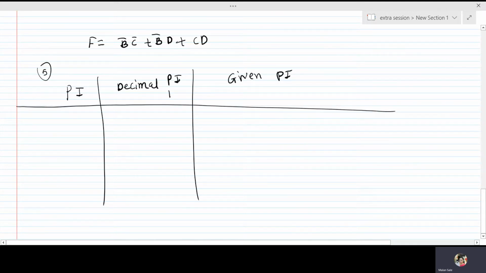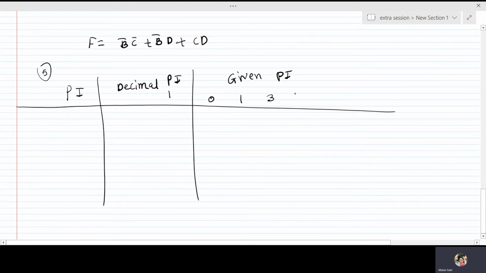Make a table. The minterms given in the question are 0, 1, 3, 7, 8, 9, 11 and 15. Now the prime implicants given are B bar C bar, B bar D and CD.